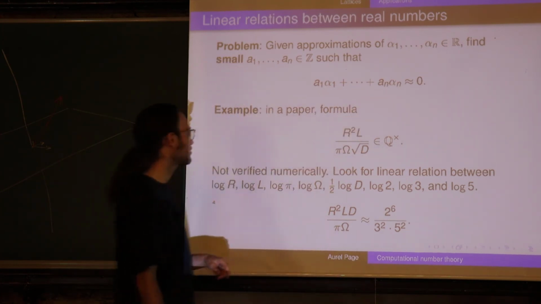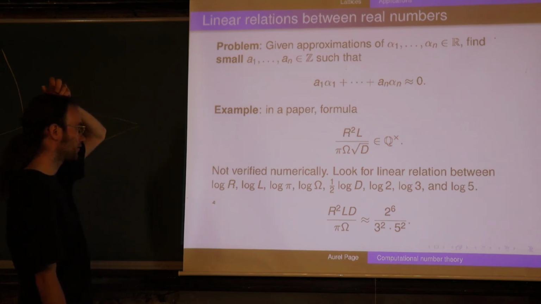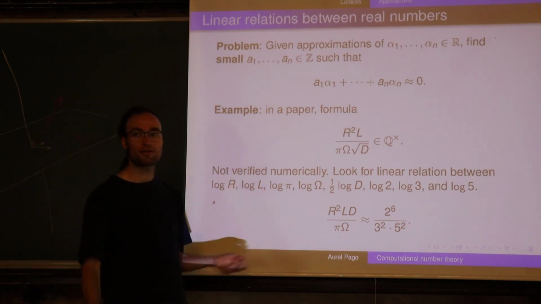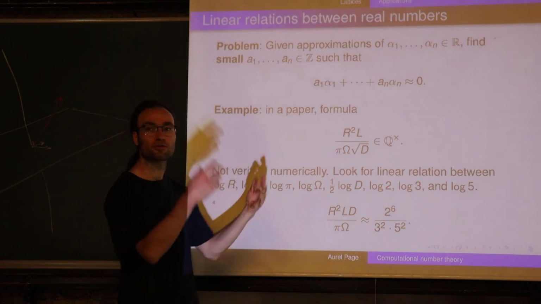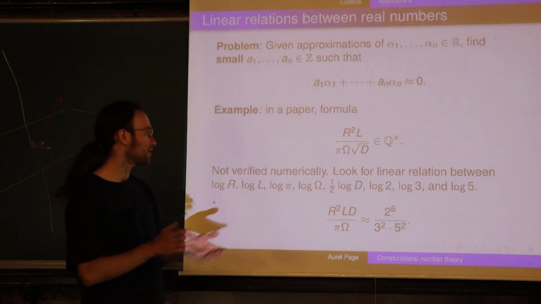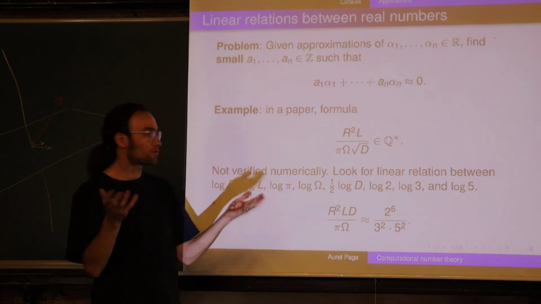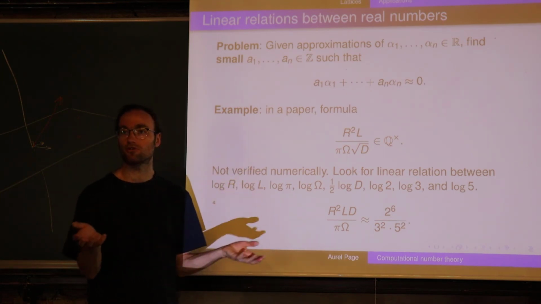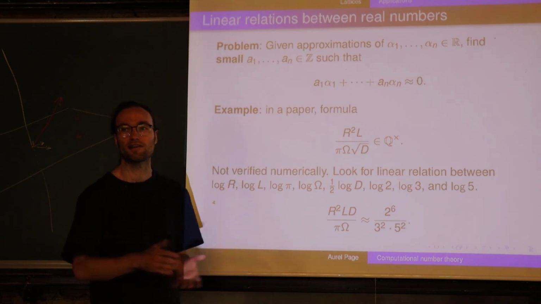Just to give you an example, 2 weeks ago, I had a colleague who had a new algorithm to compute a certain quantity, let's call it R. It's a hard quantity to compute, so he didn't have any examples to see if his program was valid.